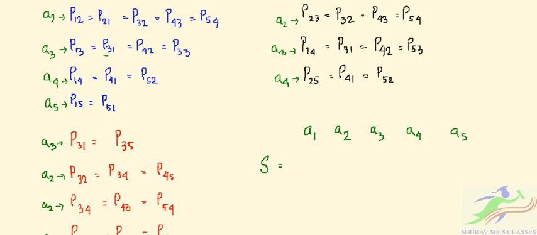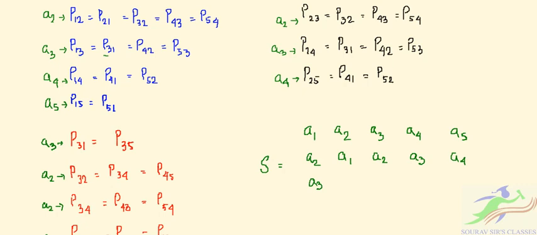So P21 we have written as A2. So here it will be A2, P22 is A1, P23 is also A2. Here you've got, yes, A2, A3, A4.